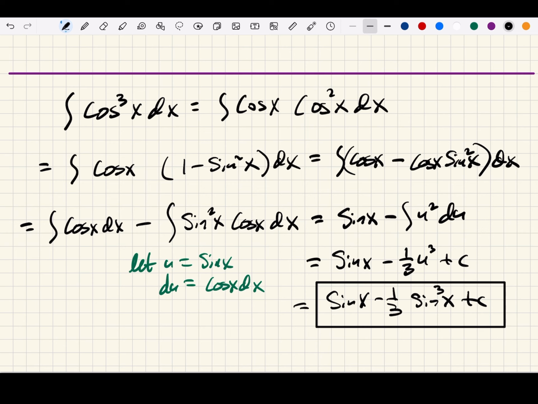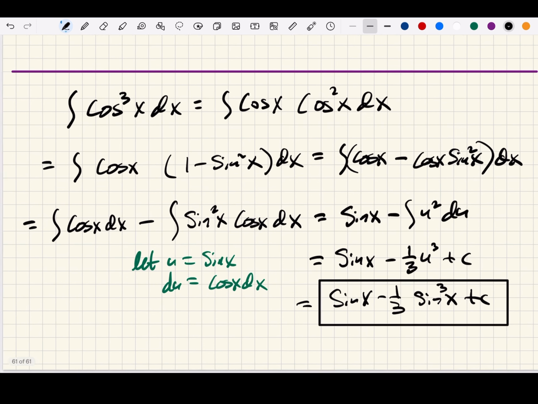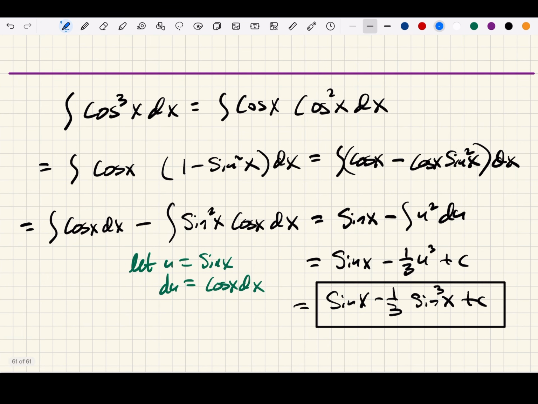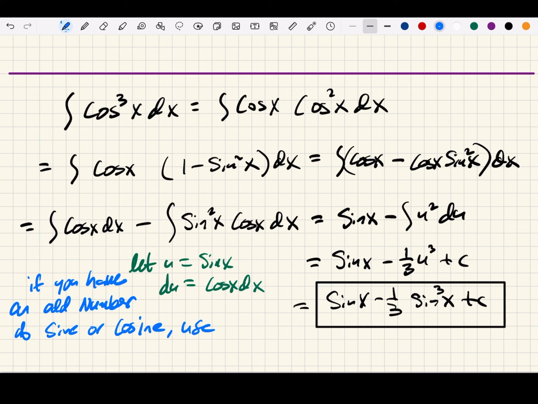So if you have an odd number of sine or cosine, use a Pythagorean identity.